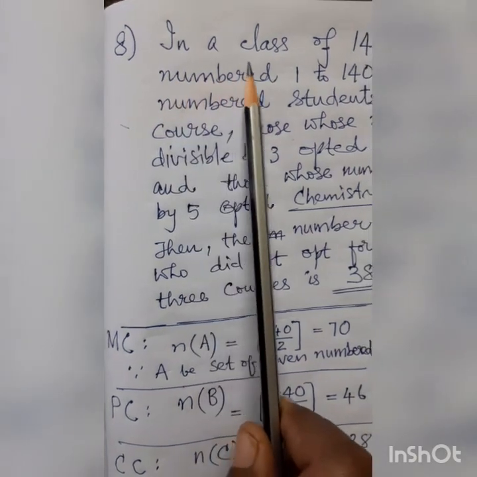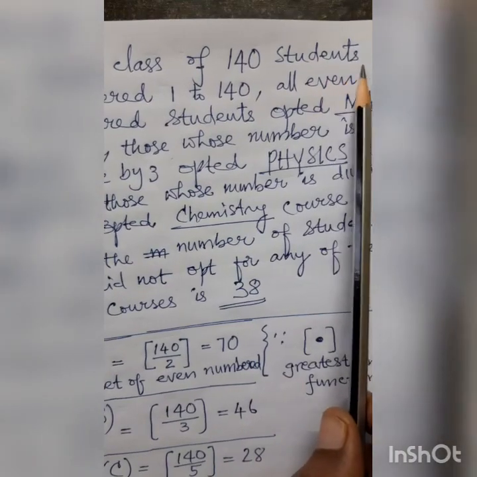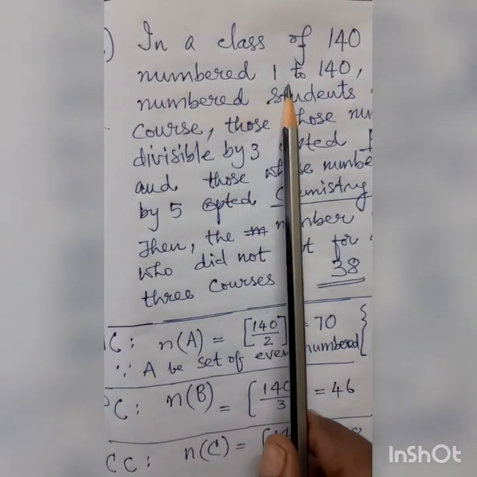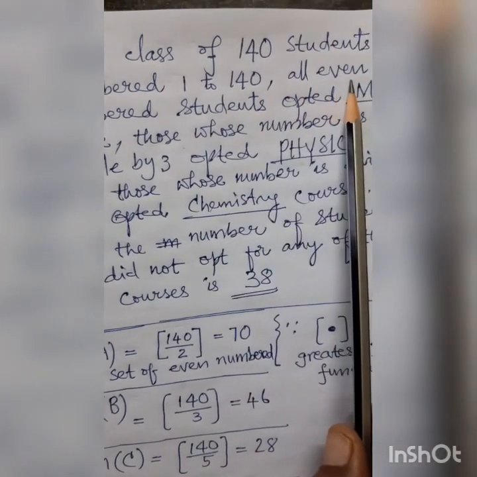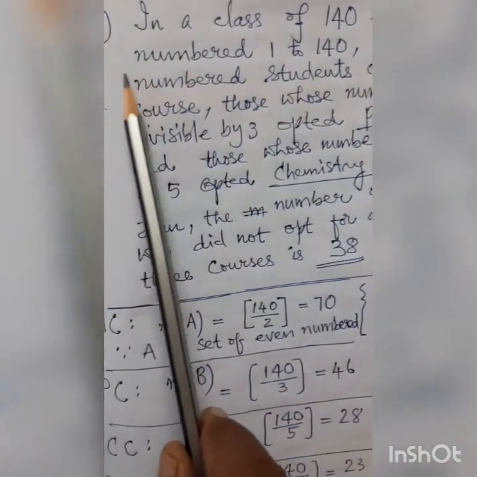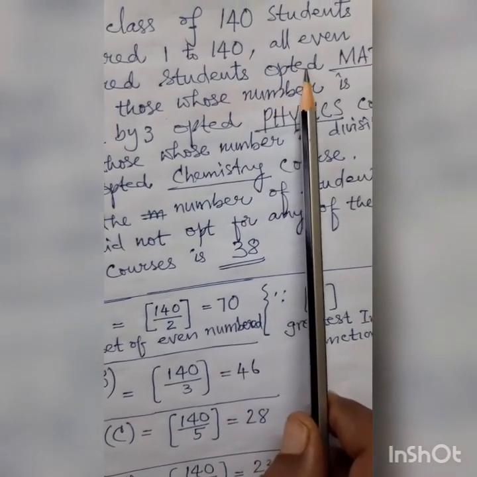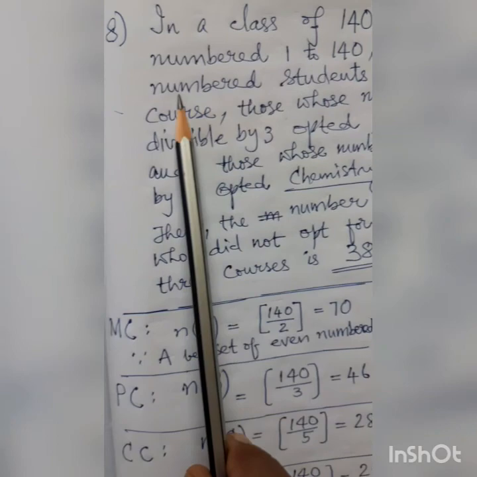In a class of 140 students, numbered 1 to 140, all even numbered students opted for the maths course.